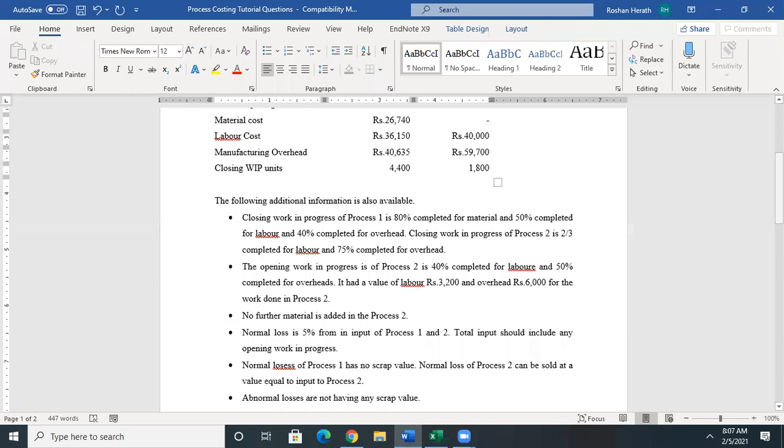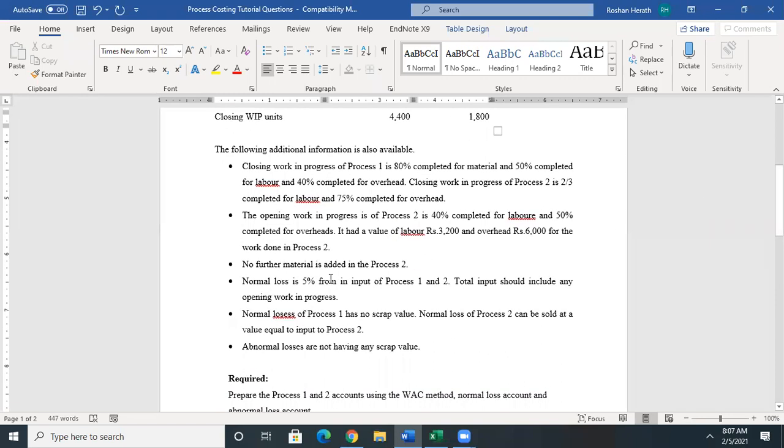Normal loss is 5% from the input of process 1 and 2. When you are calculating the input, the total input should include any opening WIP. So if you have any opening WIP, that should also be considered. The normal loss of process 1 has no scrap value. The normal loss of process 2 can be sold at a value equal to input to process 2.